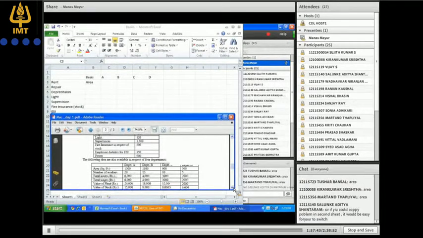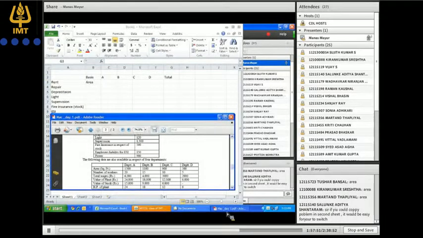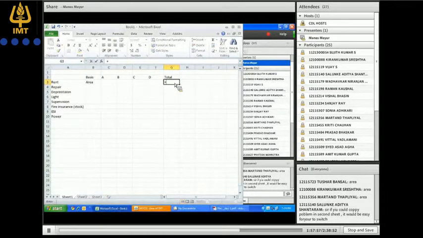We will see the total area. So it is 1500, 1100, 900 plus 500. So this is the total area of all these 4 departments.